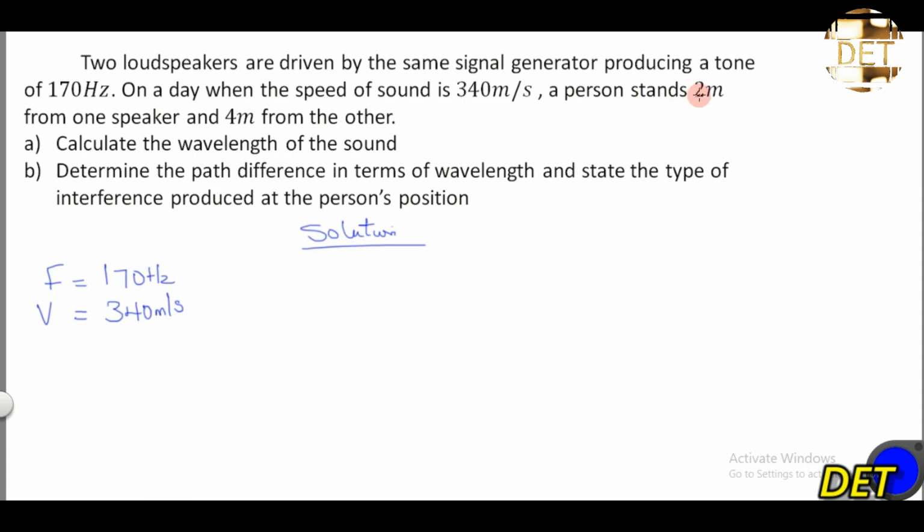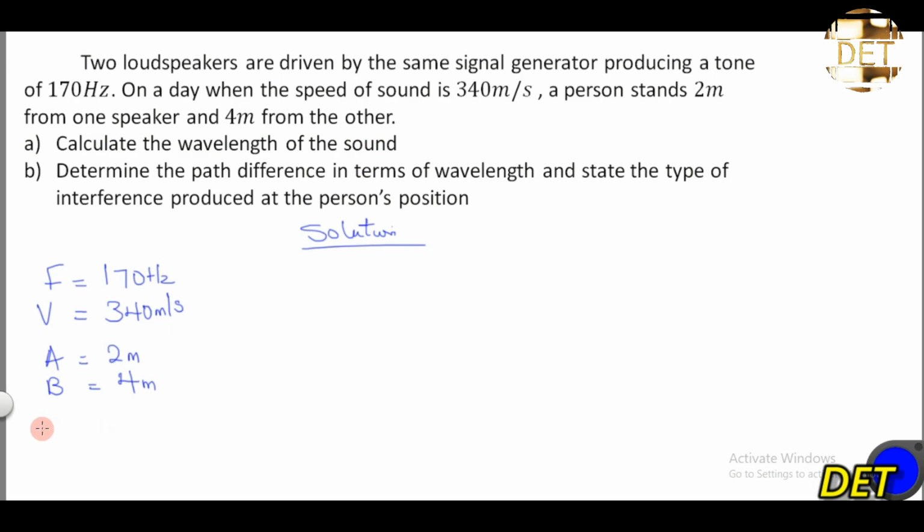A person stands 2 meters from one speaker and 4 meters from the other. The distance of the person from speaker A is 2 meters, and the distance from speaker B is 4 meters.